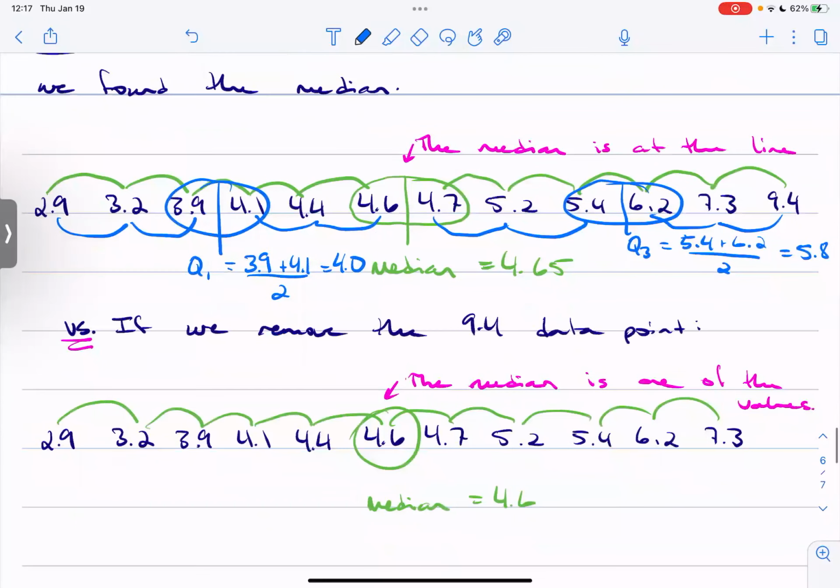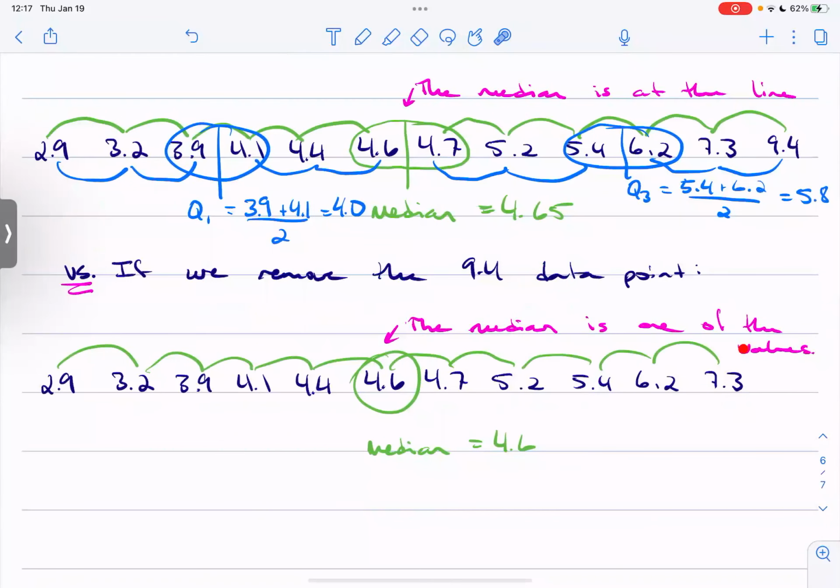Versus now the median is one of the values, so it just changes slightly. Q1 is 3.9. Is 3.9 that different from 4? No, right? But we just need to be able to learn rules and apply them.